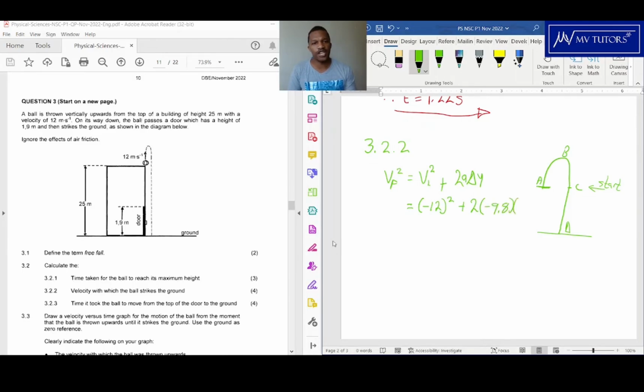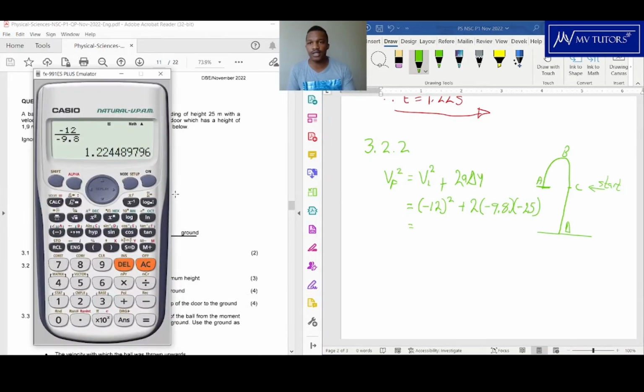Now our change in y: C is at the height of the building, which is 25. Remember we chose up as positive, and our change in height is from the top to the bottom, so it's negative 25. Cool. All we have to do now is put this in a calculator. Let's see what it gives us. I'm going to put it exactly as it is.